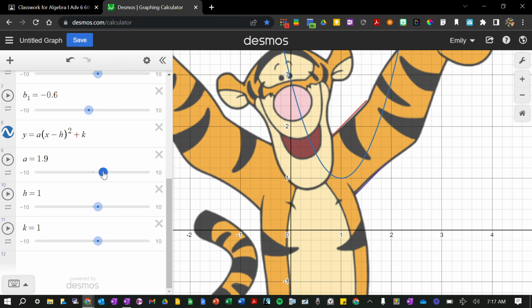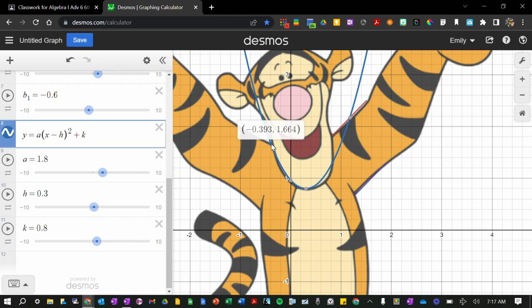I want it to be a little bit skinnier, and I want to move it over maybe right here, and maybe move it down a little bit. And maybe I want it a little bit wider, move it down a little bit more, and I want it to cut off right here, and maybe right here.